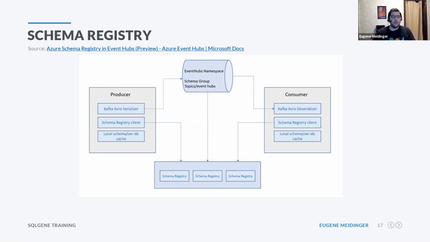And so you can reduce the load for serialization and deserialization, and you can validate that your data is in the right shape by using Schema Registry to hold the schemas of whatever way you're storing your data. Right now, it only has support for Avro schemas. I wouldn't be surprised if that changes at some point. But that's also a feature that's in preview.